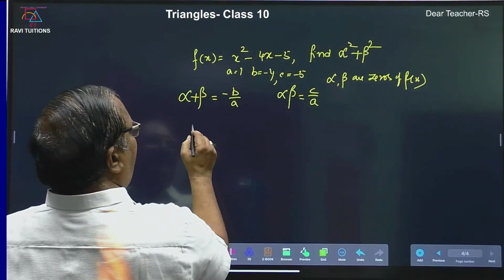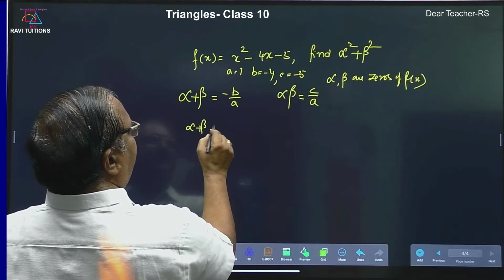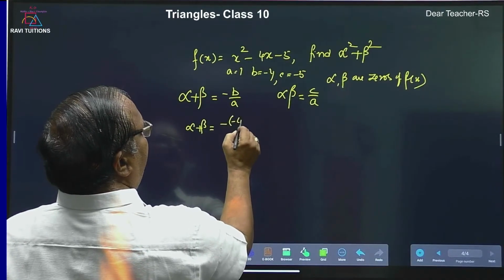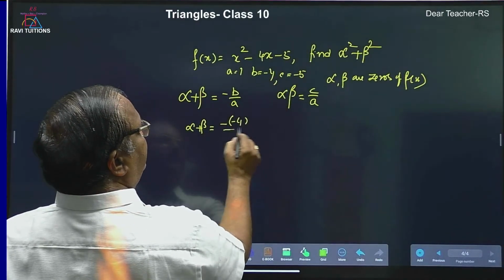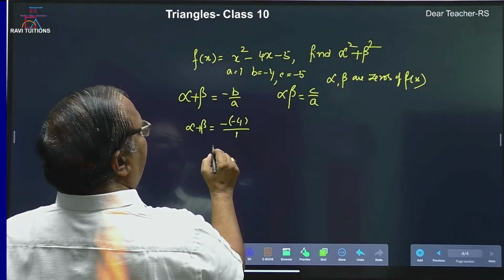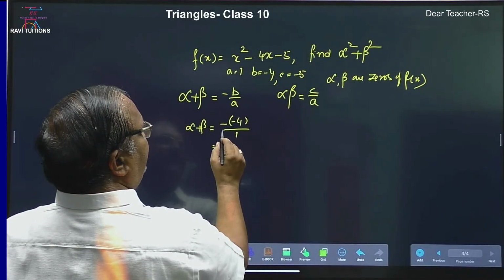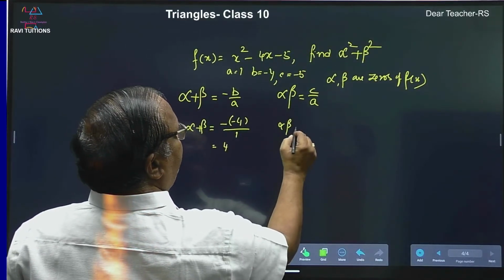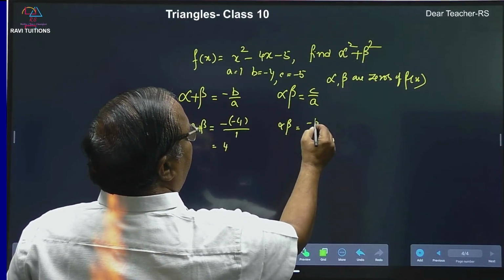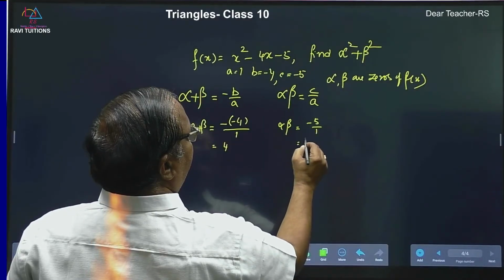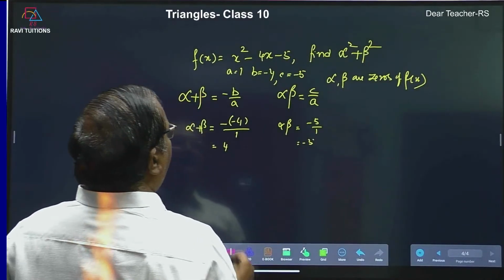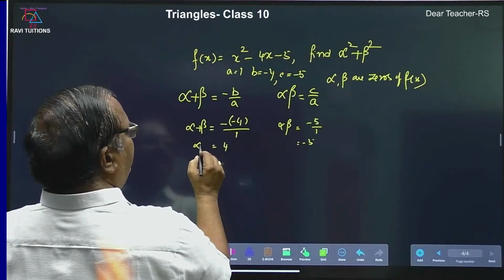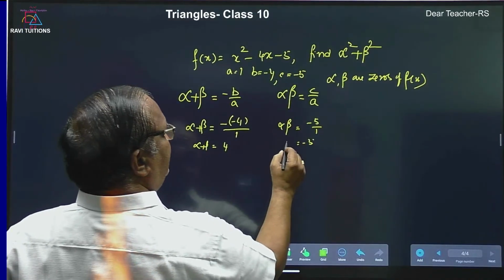Now put these values. Alpha plus beta is equal to minus b, and in place of b put minus 4, a is 1. So it is plus 4, minus into minus becomes plus. Alpha beta is equal to c by a, minus 5 by 1 is equal to minus 5. So that means we have got alpha plus beta and alpha beta.